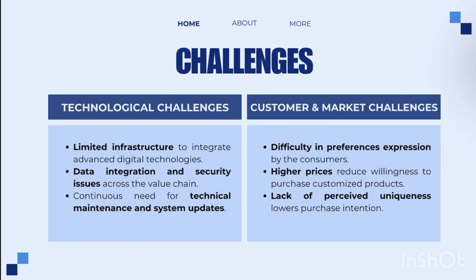Technological barriers are also decisive. Mass customization relies on advanced tools, which are difficult to integrate smoothly, especially for firms with limited IT capabilities. Companies often face issues with data complexity, lack of security, and limited technical support for maintaining and updating these systems.